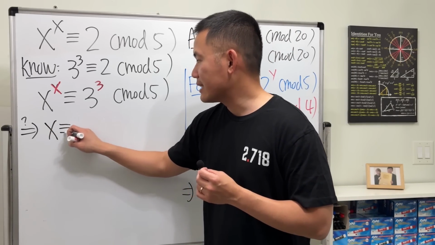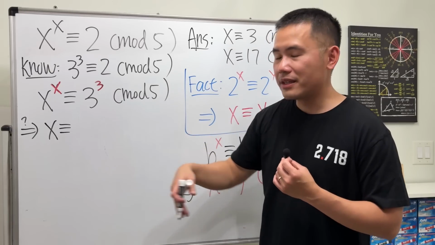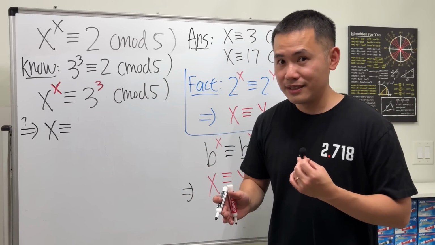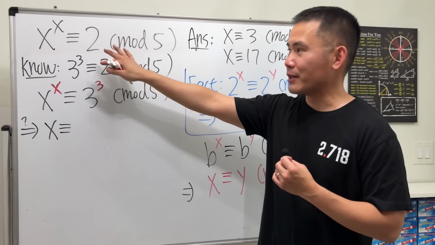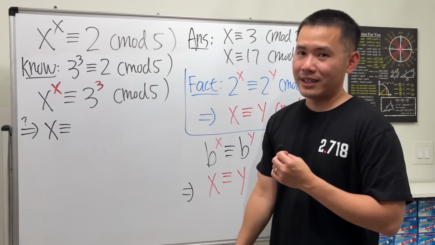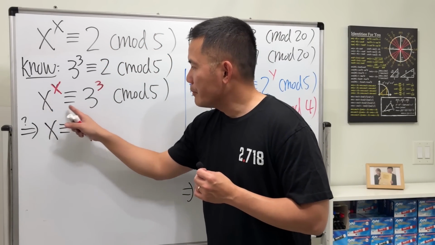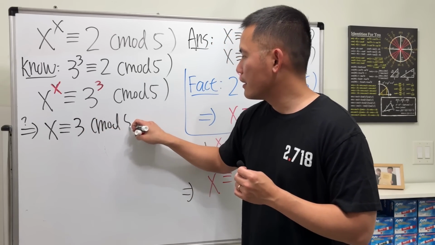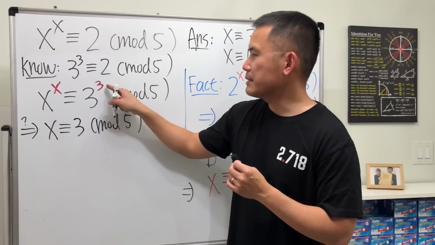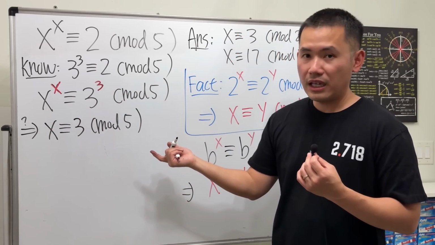I'm pretty sure this part does not give us all the solutions. I will have to admit that. But I already told you I'm not sure how to solve this in general. This is just what I did. I'm going to make the bases congruent to each other mod 5, because if you didn't have the exponent, that has to be the case.